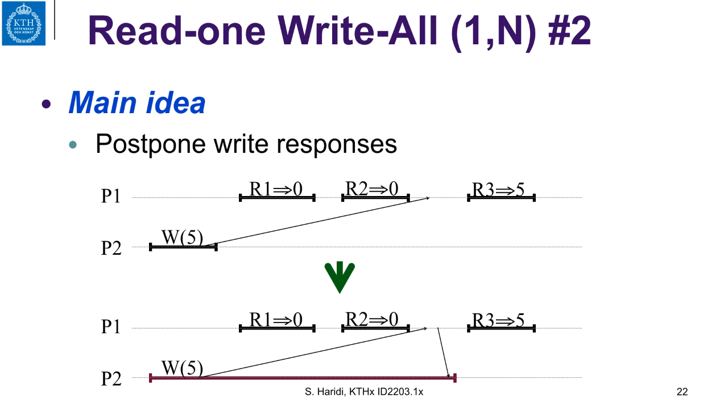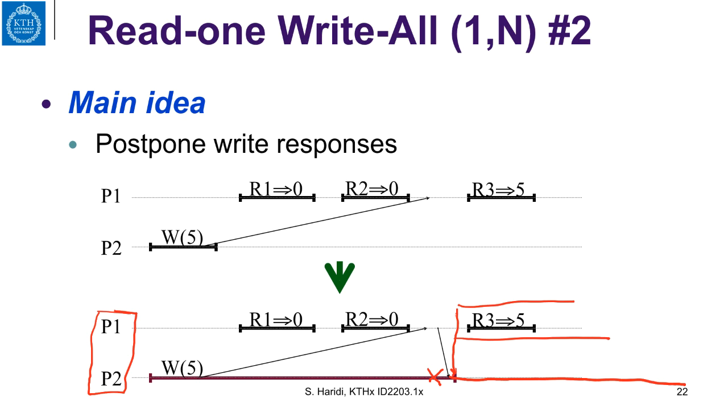Assume, for example, in this case also, that the writer might fail. So it failed here. In this case, the write continues forever. There is no termination. But from this point on, where the failure happened, the reader will always read the overlapping value of the write.